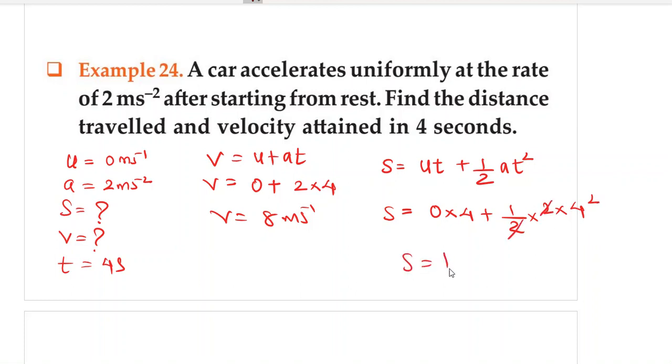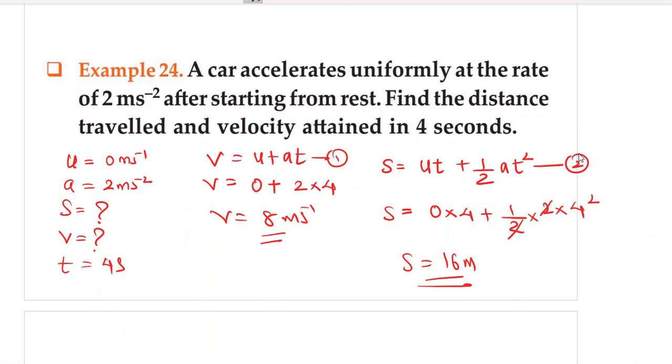So s is equal to 16 meter. Right? So the body will cover a distance of 16 meter and attain a velocity of 8 meter per second in 4 seconds. We used two equations of motion, equation number 1 and equation number 2.